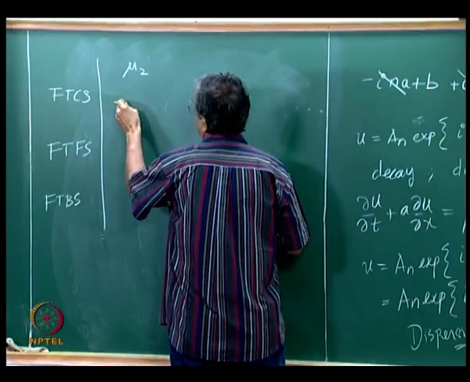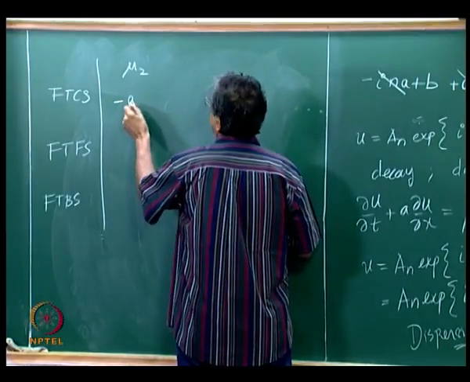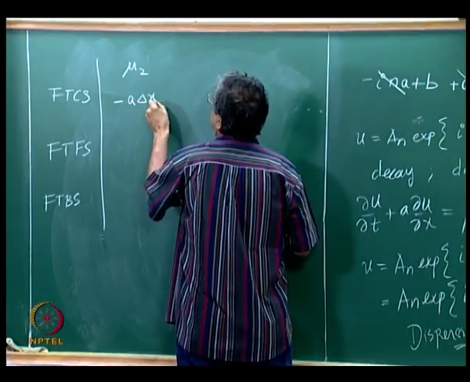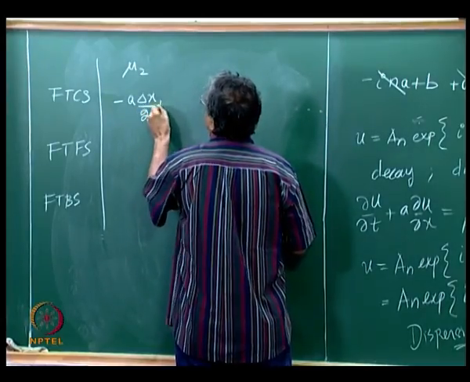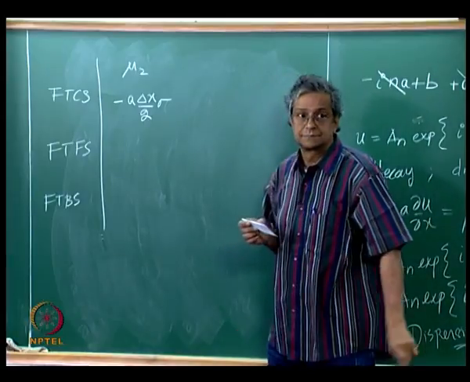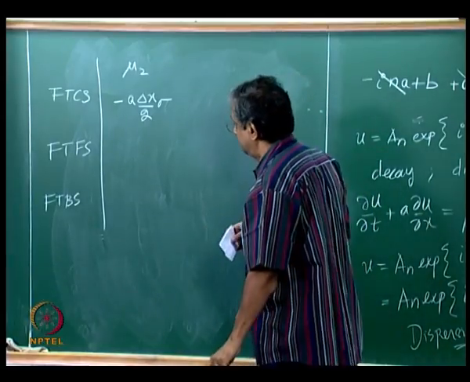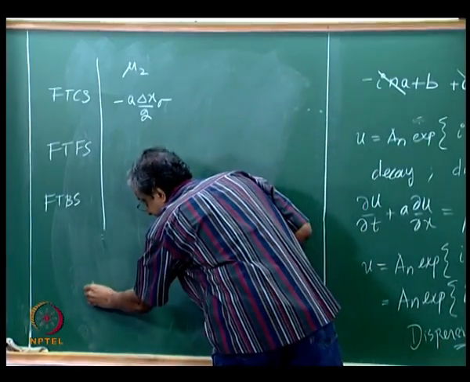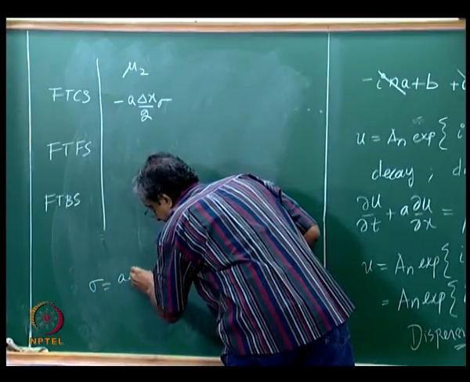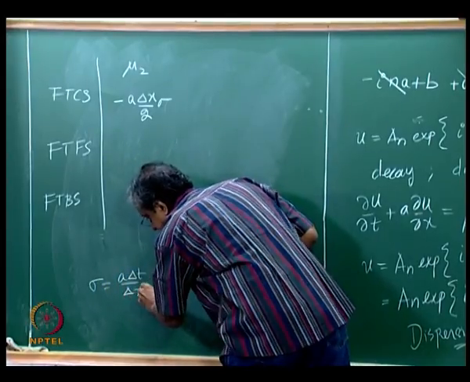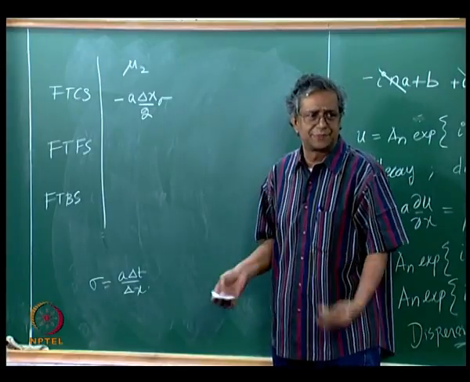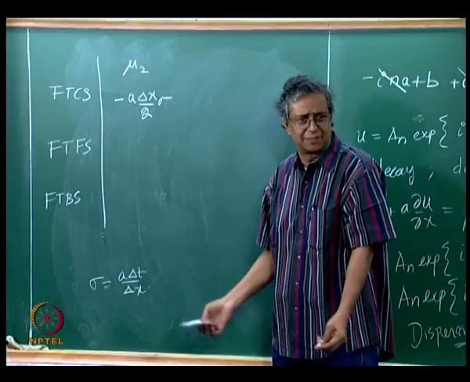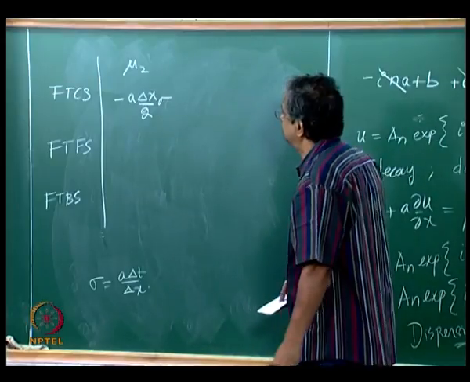So you get minus A delta x by 2 times sigma. What is sigma? A delta t by delta x. Where possible I will write it in terms of sigma, because sigma seems to be significant for us, it showed up in all our stability conditions and so on.